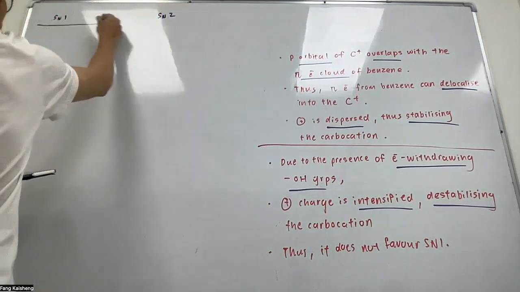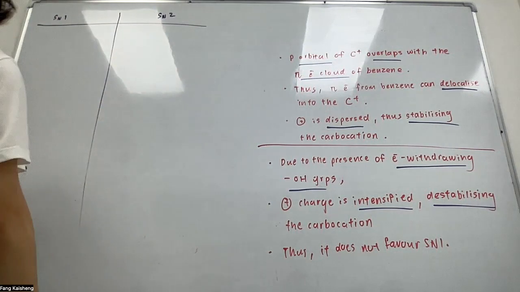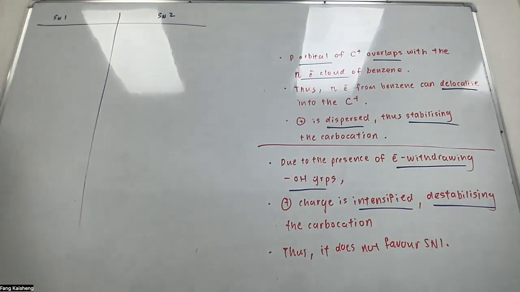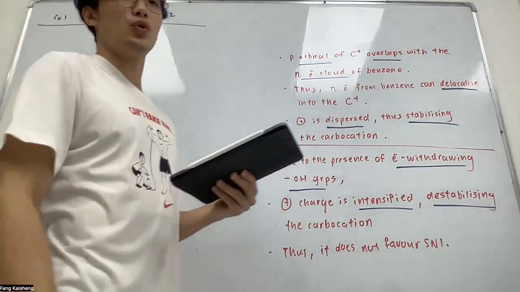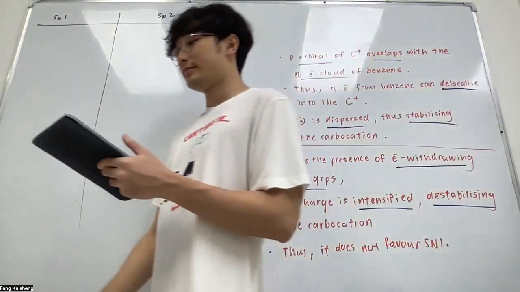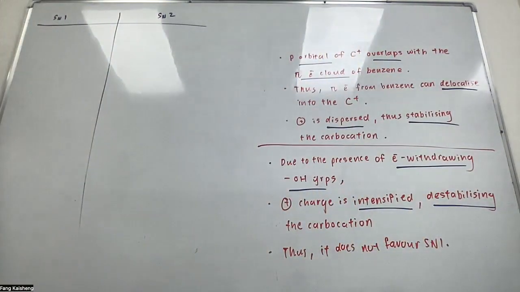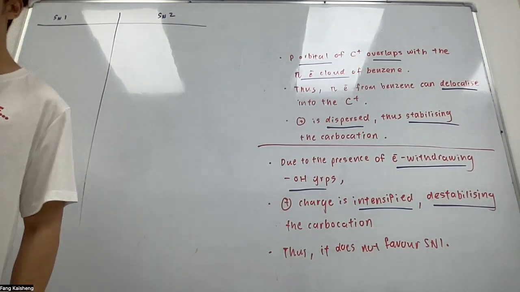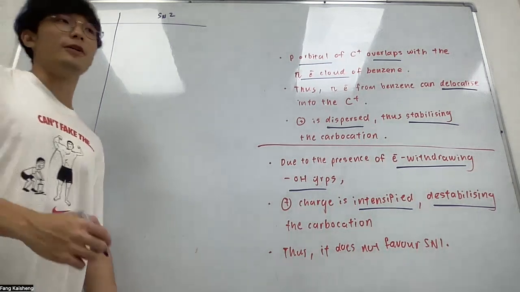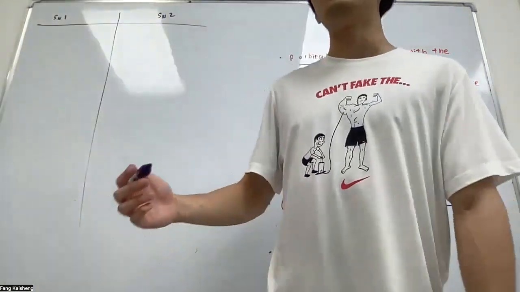Right? So first of all, rate equation. We'll write down the rate equation for both SN1 and SN2. Just write Rx, and for nucleophile, just write Nu.